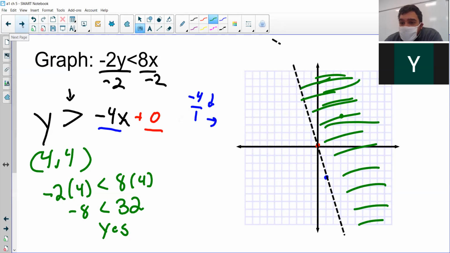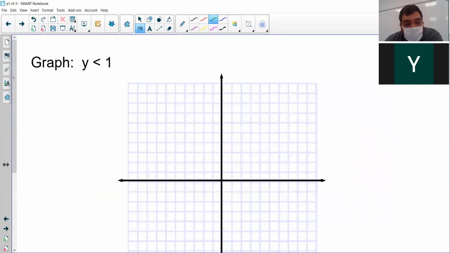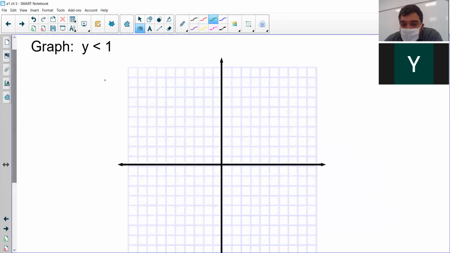Okay. Let's go to the next. So we graphed these like 2-3 chapters ago. Some people forgot about these. Some people didn't do well in this part, so I got to talk about it. Let's say y is less than 1.